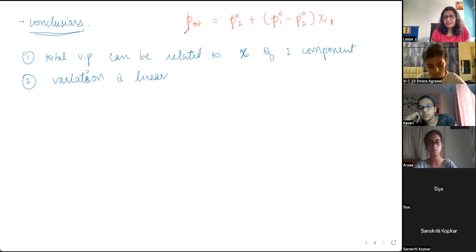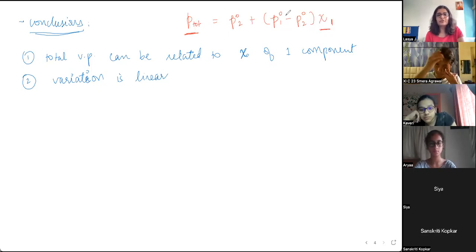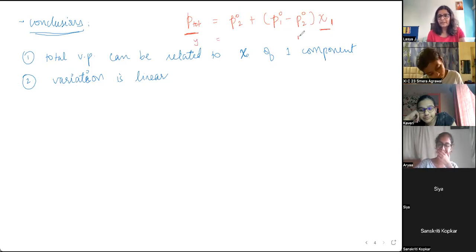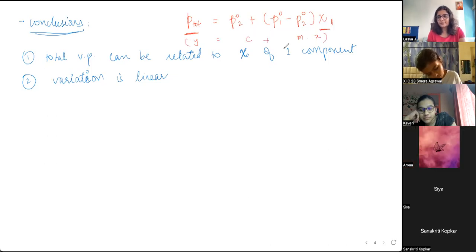This is a variable, and as you change the concentration, the total vapor pressure is going to change. So if you look at the relation between these two, the variation is linear. It's like y equal to m into x plus c, like a linear equation.